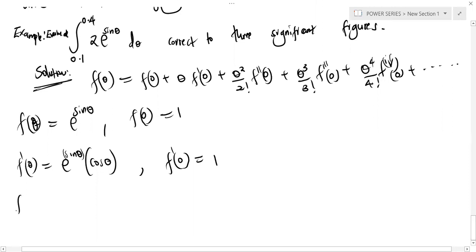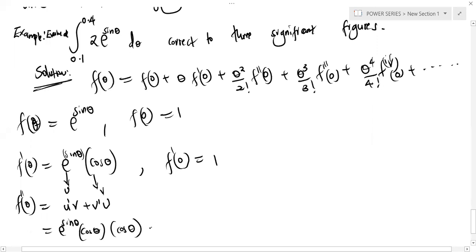Okay, on to the second derivative. So f double prime of theta, to evaluate this, we use the product rule. So let this be u and let this be v. Then the product rule formula. So evaluating this, what is our u prime? If we differentiate this, we get exponential sine theta cos theta multiplied by v, which is cos theta, plus v prime.